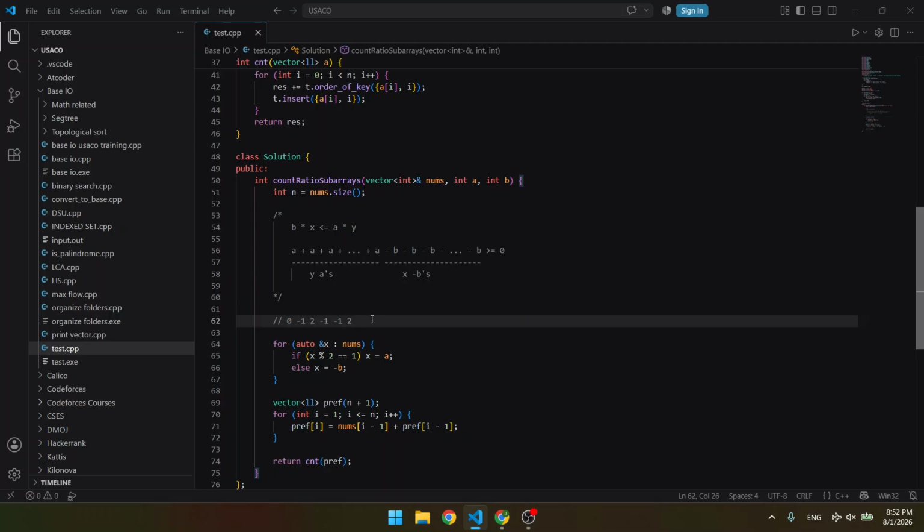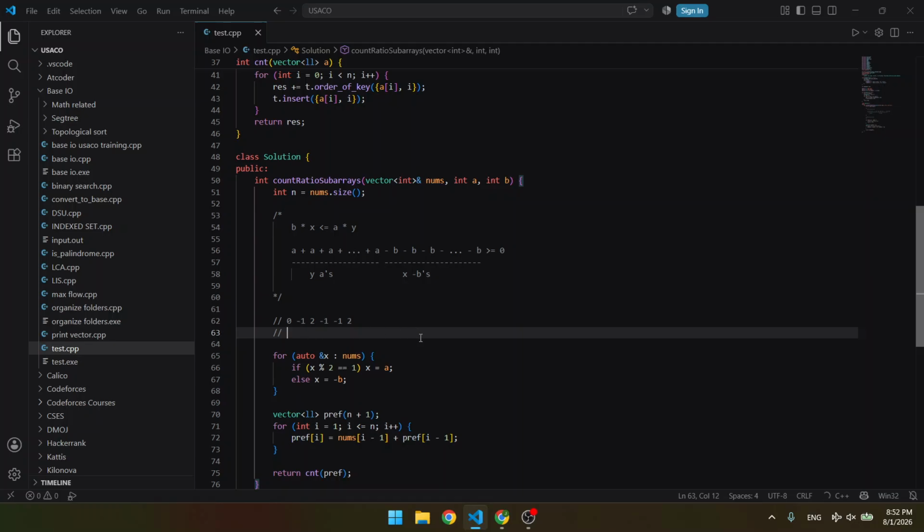Doesn't really work out. Let's see. If this is the updated array, now we'll calculate the prefix sums. 1, 1, 0. Wait, this is right. 0 over here, and then -1, and then a 1. Okay, so this is the prefix sums, all right?